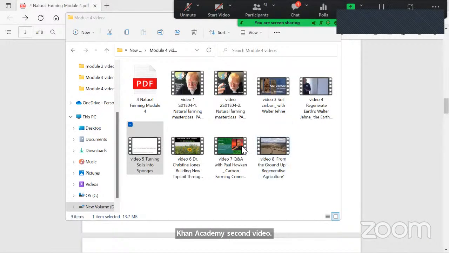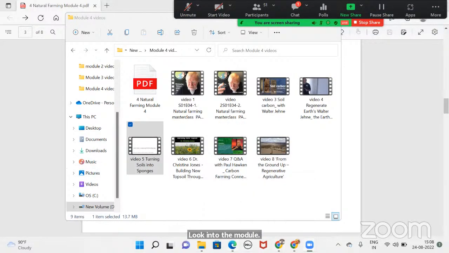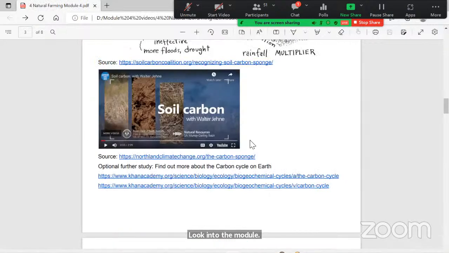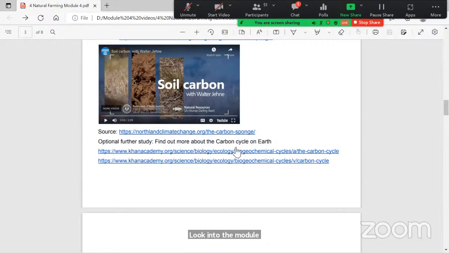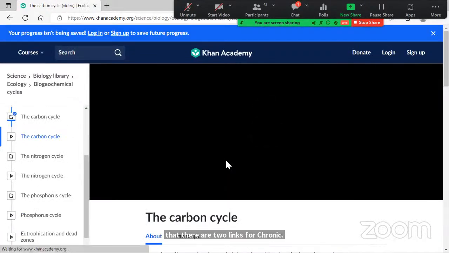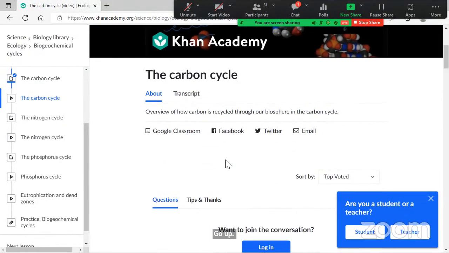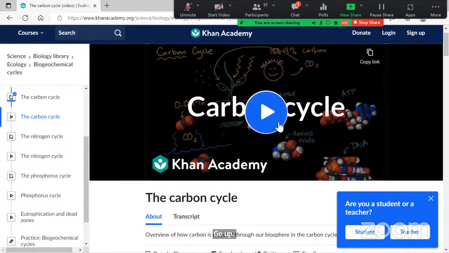Look into the module. Yeah, there are two links for Khan Academy. Go up.